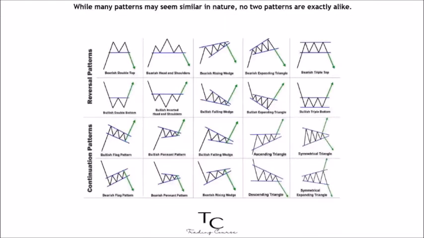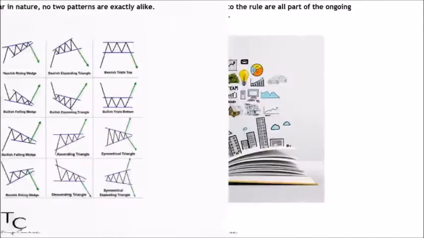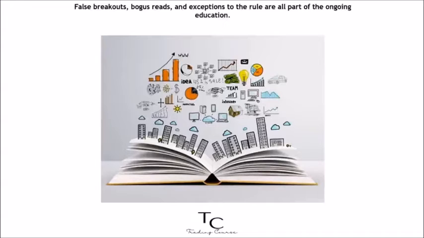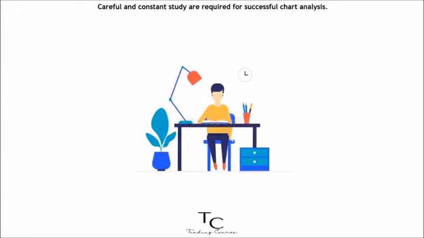While many patterns may seem similar in nature, no two patterns are exactly alike. False breakouts, bogus reads, and exceptions to the rule are all part of the ongoing education. Careful and constant study are required for successful chart analysis.